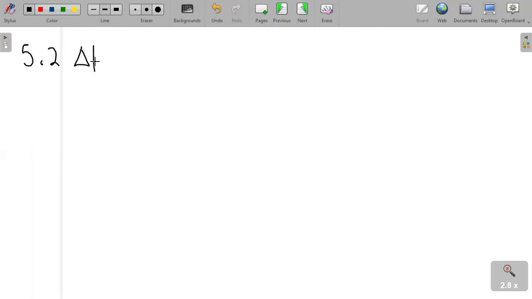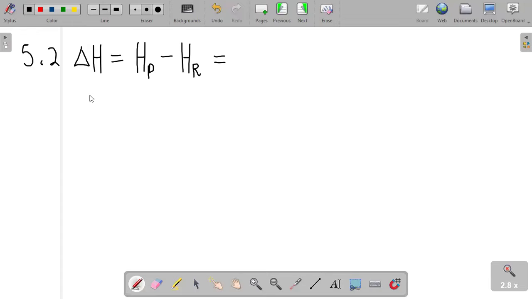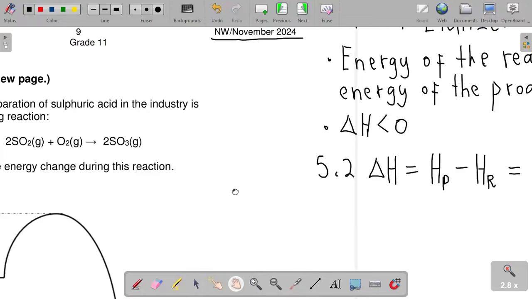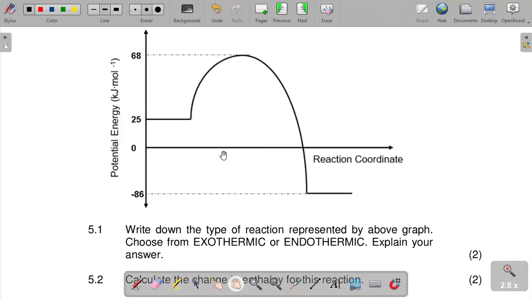The change in H here is going to be H of the products minus H of the reactants. For the products we have negative 86, and for the reactants we have 25.